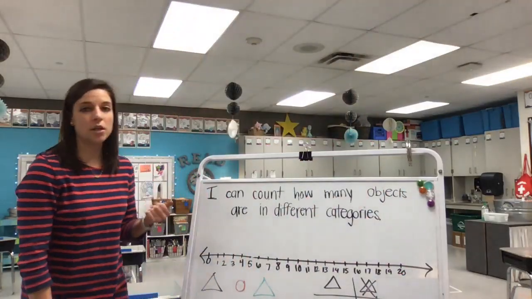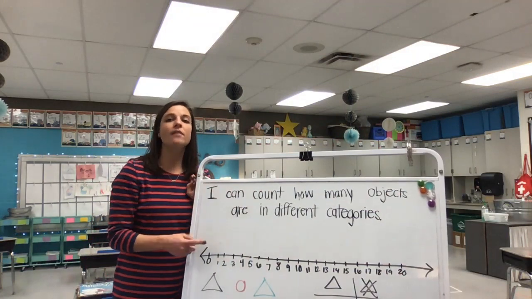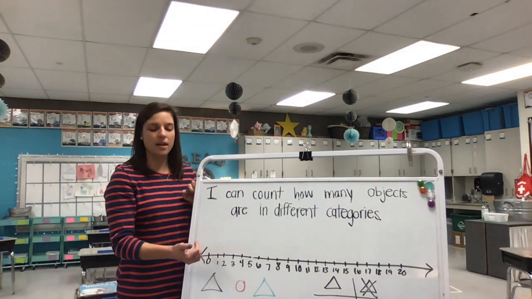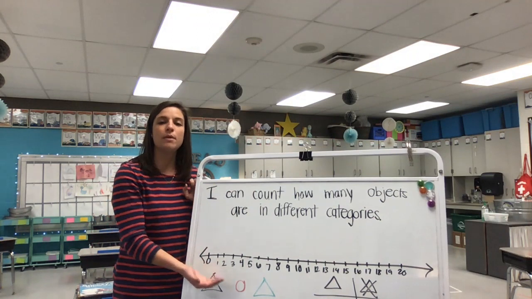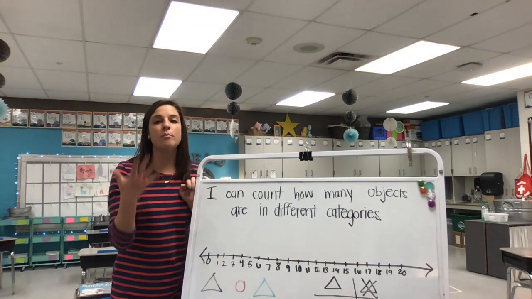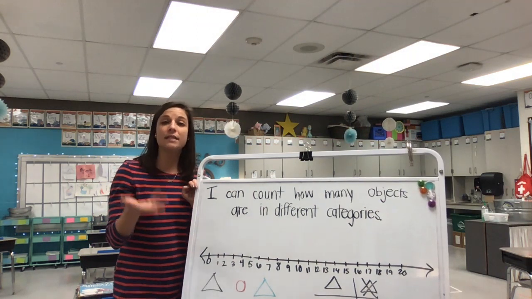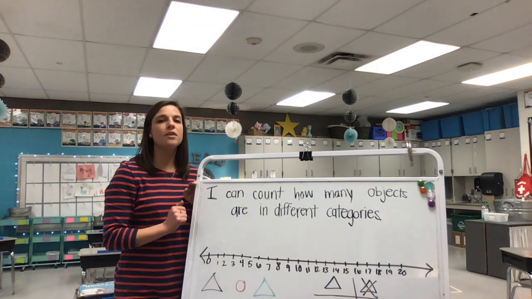All right, now let's take a look at our number line to help us remember the sequence or the order of our numbers as we count from 1 to 20. I have 0 up here too to remind us that 0 is the number that comes before 1 and it represents nothing. So if I have a plate of cookies but there's not even a cookie on my plate, then I have 0 cookies. All right, let's count starting at 1.